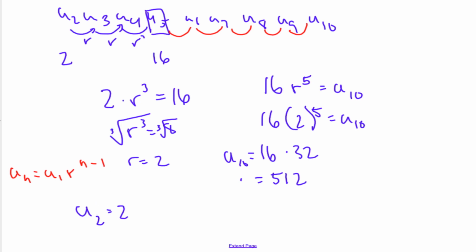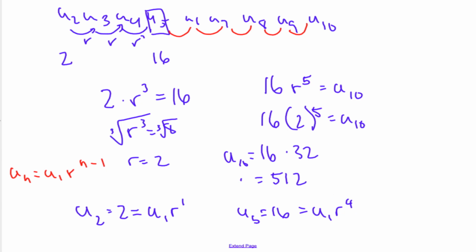So using that formula, I can say U2 equals 2 equals U1, which I do not know, r, which I do not know, to the power n minus 1, which is 1. So I know that 2 equals U1 r. Similarly, if I go U5, which I'm told is 16 from the problem, that's going to be the same as U1 r to the n minus 1, which is 4.